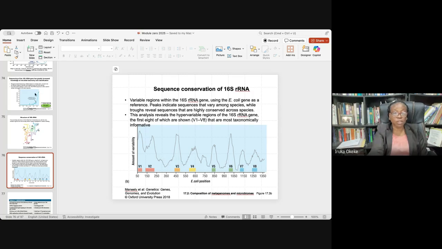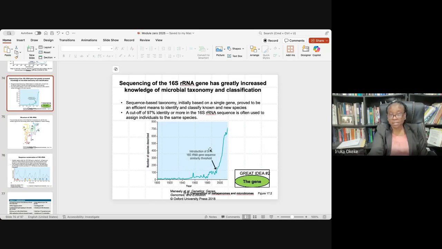So actually, if you look at taxonomy now, the number of species that have been described on Earth. Okay, Carl Woese started this. The number of species described on Earth in the 1900s was very, very small. And by the 1980s it had not increased significantly until we started sequencing 16S genes.